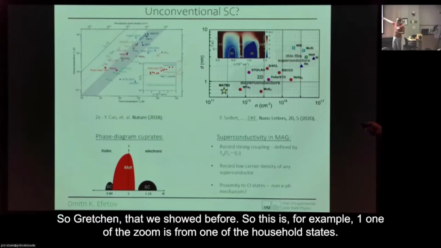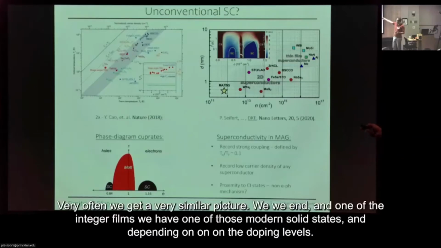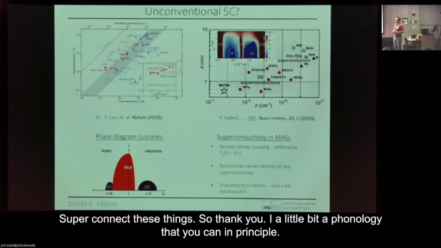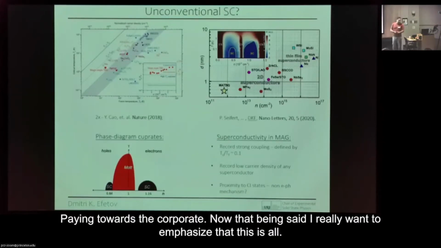At one of the integer fillings, we have one of those Mott insulating states, and depending on doping levels, if we dope in and out of the correlated insulator, we end up having these dome-shaped superconducting states. So also here there is a little bit of analogy that you can in principle draw towards cuprate superconductors.